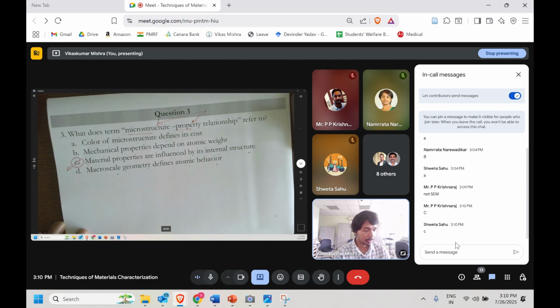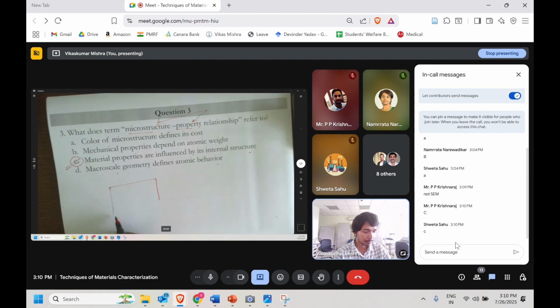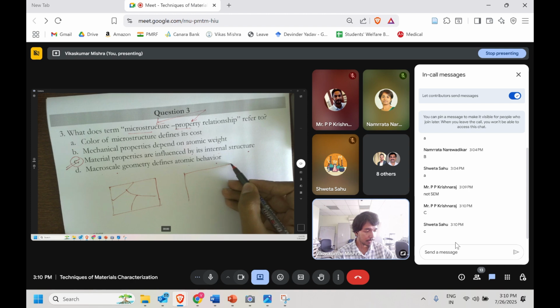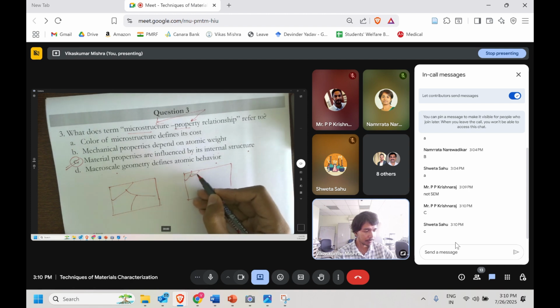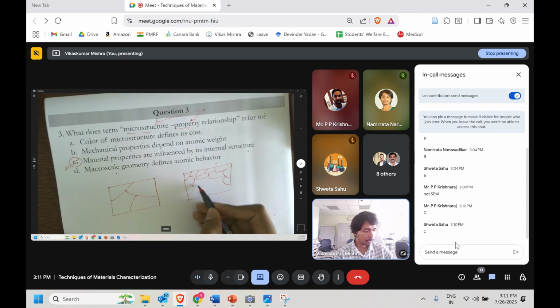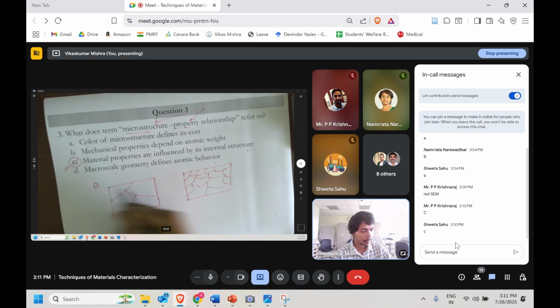So option C is the right answer, because we know that if the grain size of the specimen changes, let's say I have a material. In one case the grain size is this, in another case we have the finer grain size. So the property of this particular structure A and B will be different.